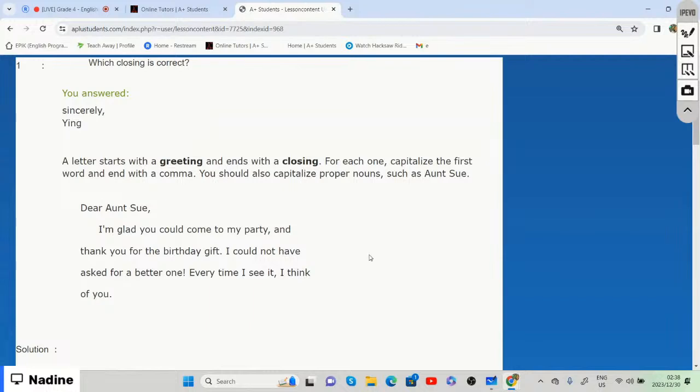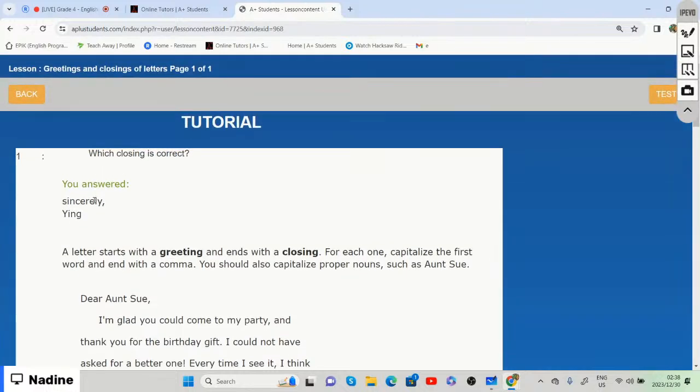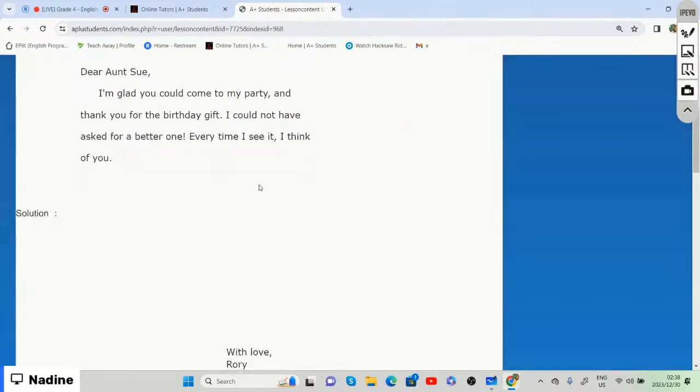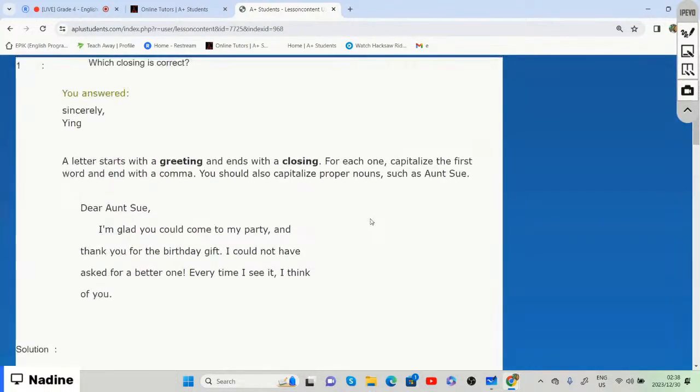And remember, we are specifically talking about letters, right? And whenever you write a letter, you need to greet, whether it is a formal letter or an informal letter. With formal letters, we start with dear, somebody's name, dear Jack, dear Sarah, depending.